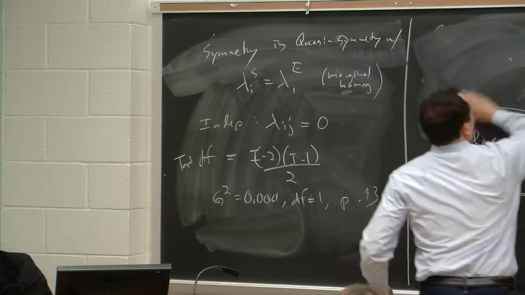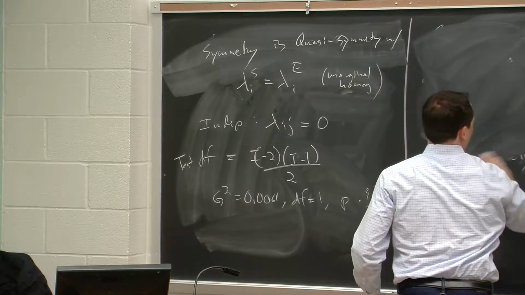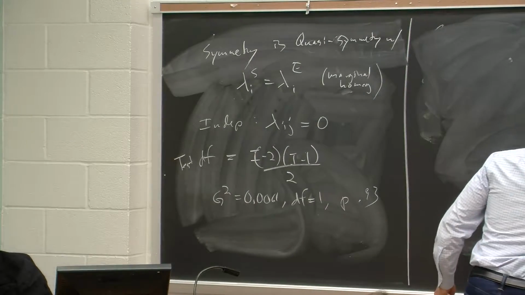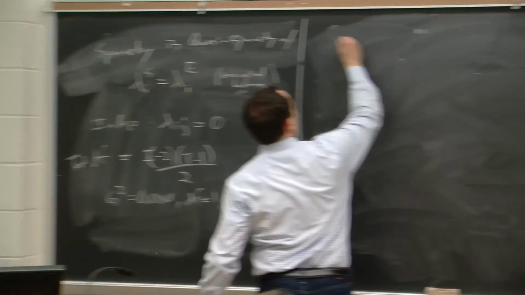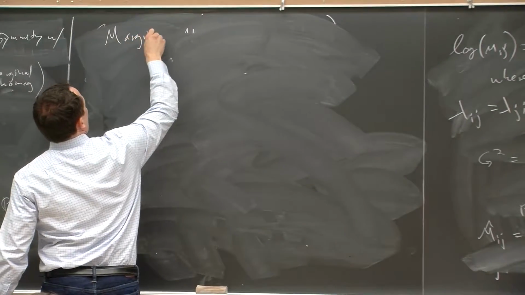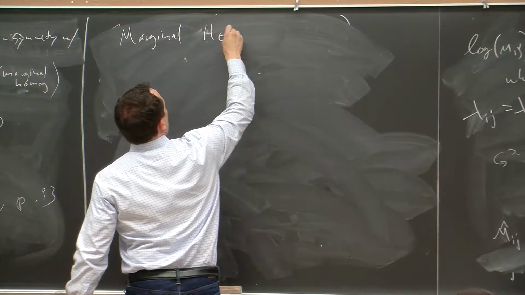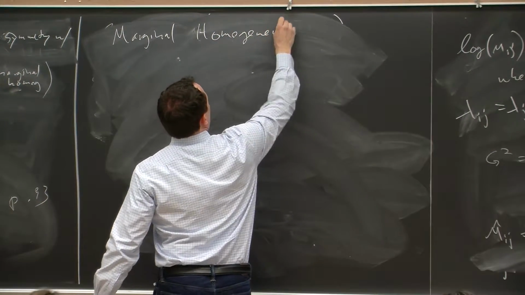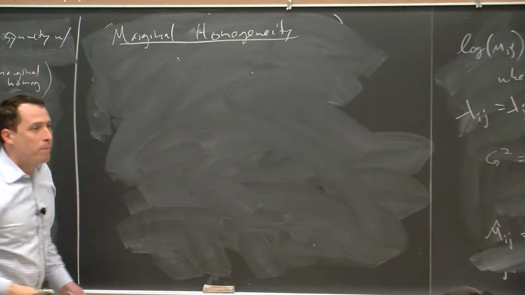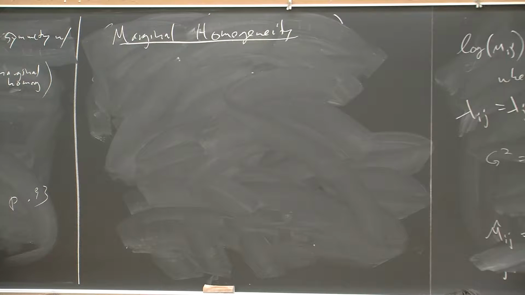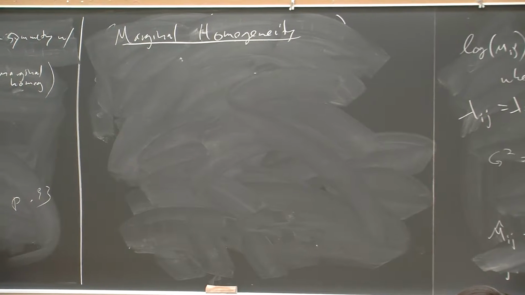So the other special model for this sort of table is the marginal homogeneity model. Yeah, sorry. That G squared, are we supposed to be suspicious of that? Because it's such a good fit?